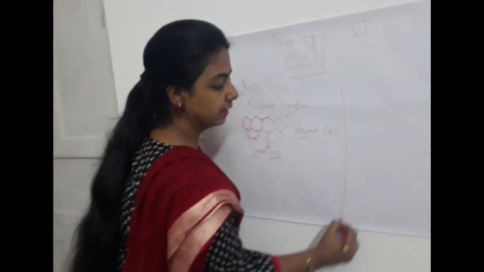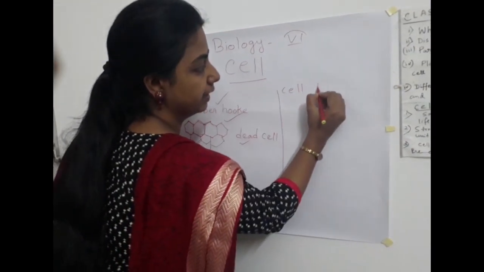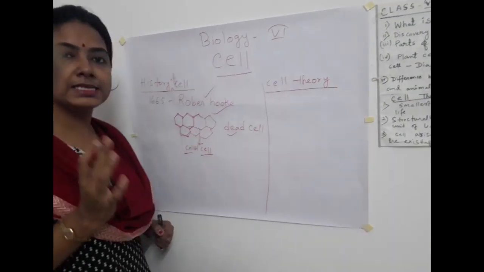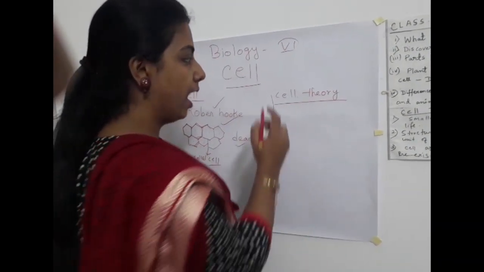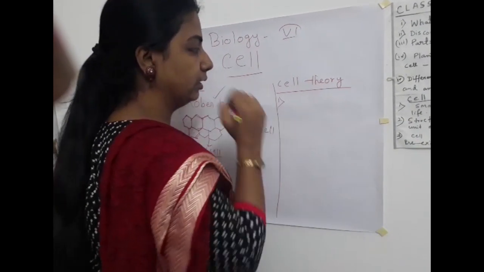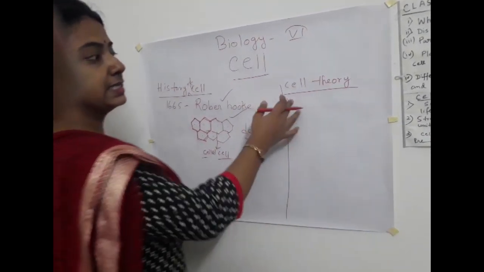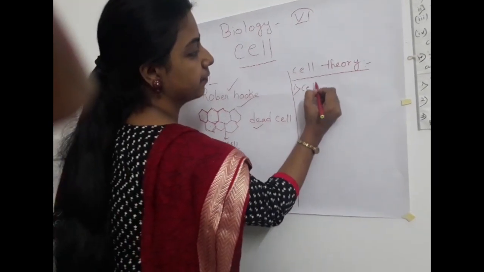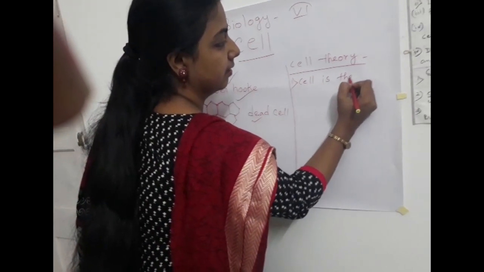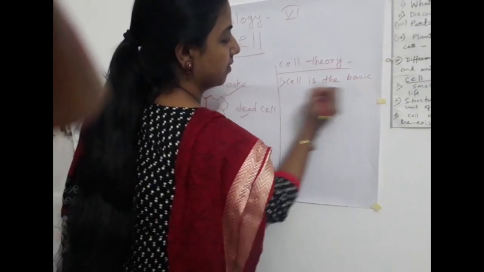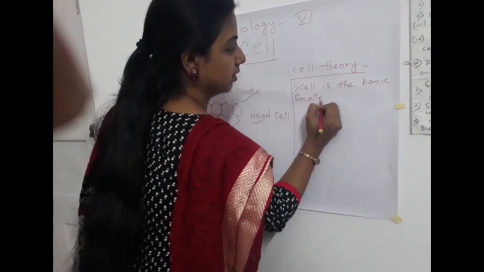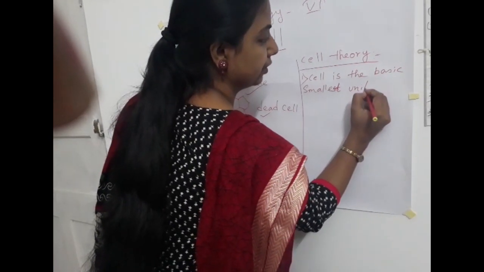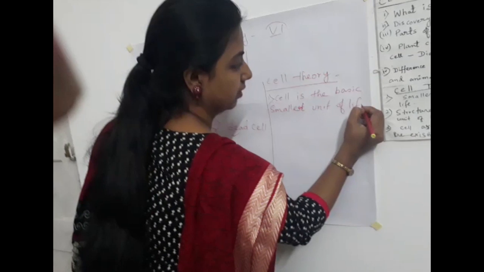This is called the cell theory. There are three basic points in the cell theory. After their examination, they told us the cell theory. What is the cell theory? Number one: cell is the basic, smallest unit of life.